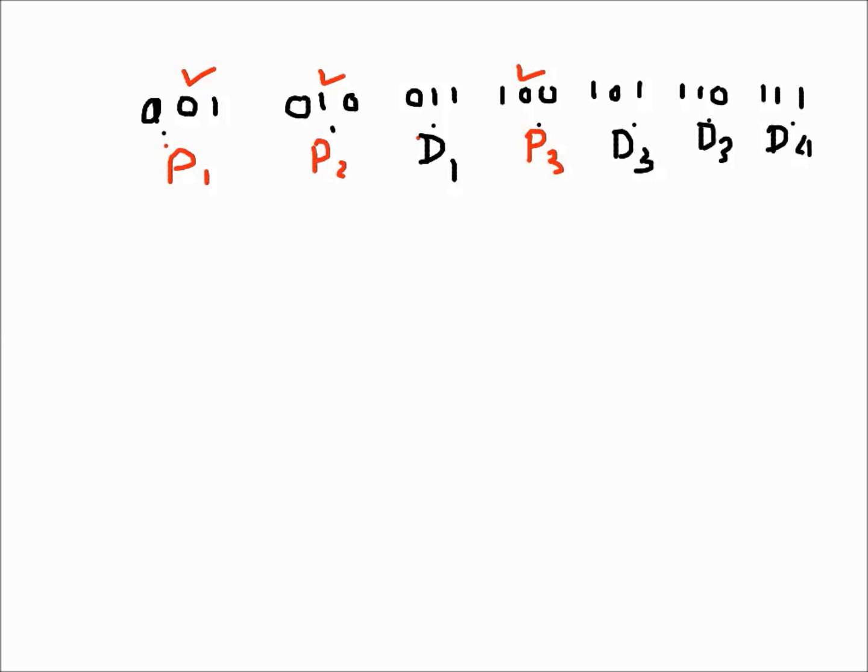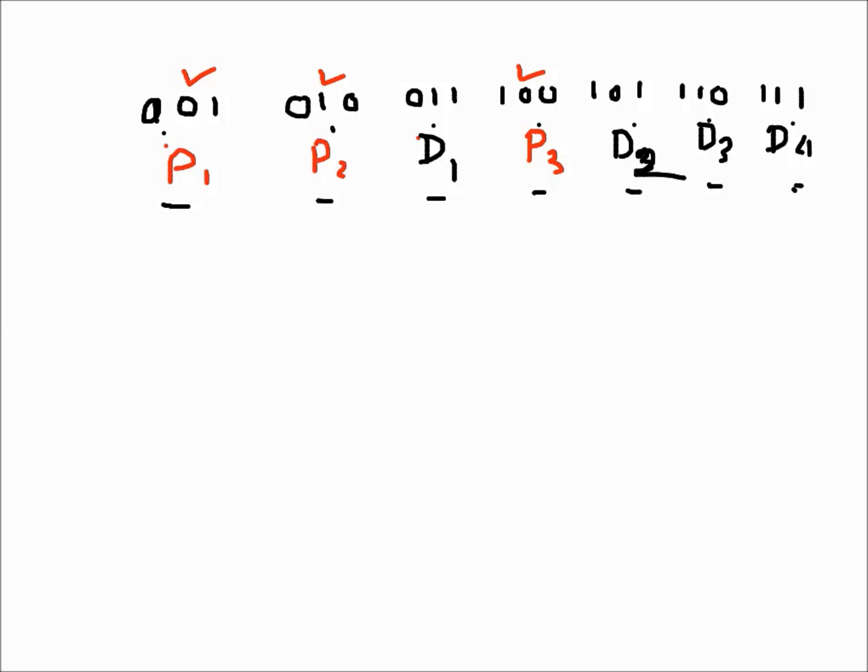So this is how the full 7 bits go: parity bit, parity bit, data bit, parity bit, data bit, data bit, data bit. And this is how it goes.